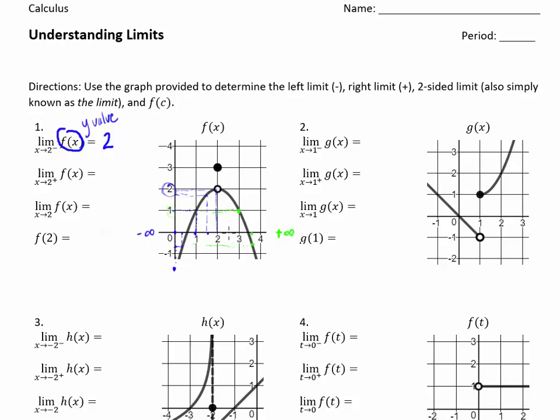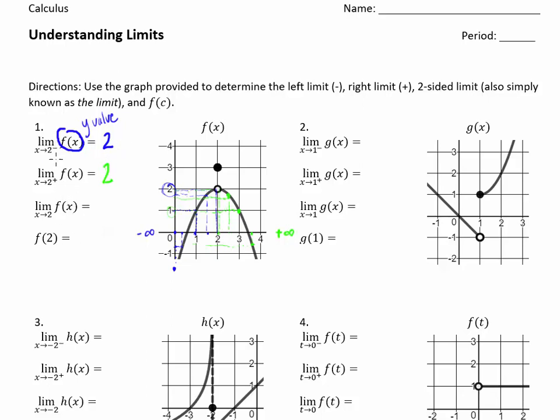Plug in 2.5, and our y value is going to be about 1.5, 1.6-ish. If I plug in 2.0000001, just barely to the right of that 2, my y value is going to be really darn close to 2. And if I get closer and closer to 2, my y value is going to get closer and closer to a y value of 2. So the limit as x approaches 2 from the right is also 2.